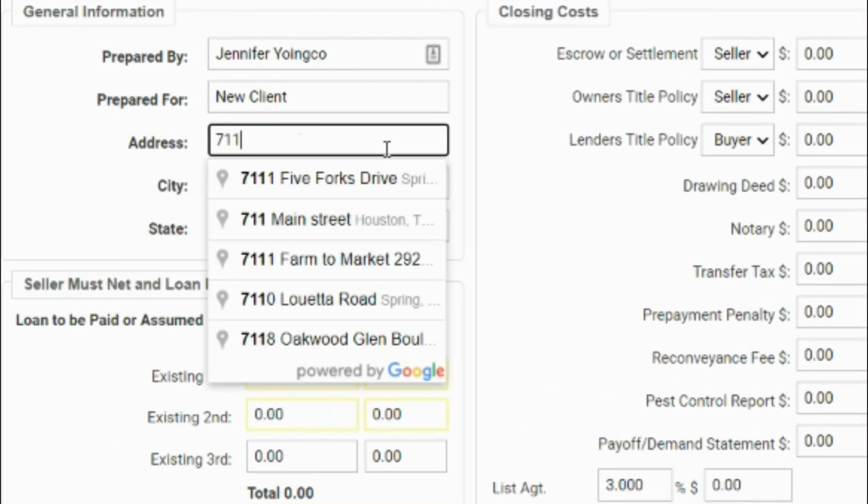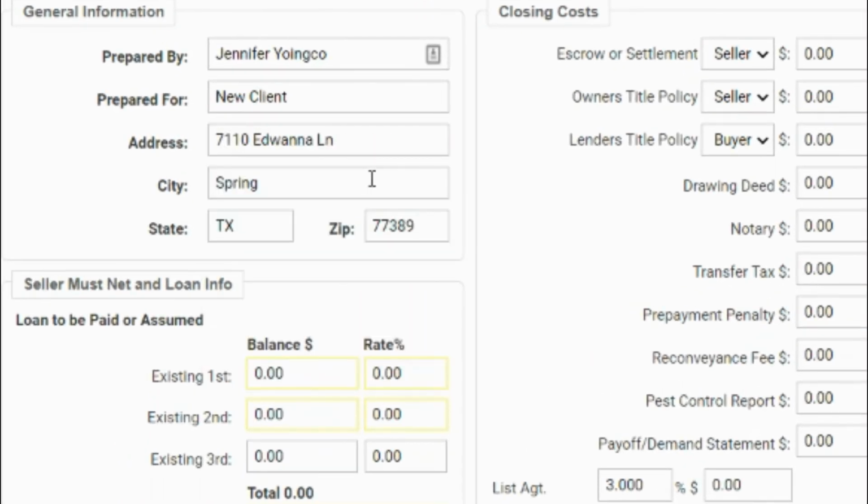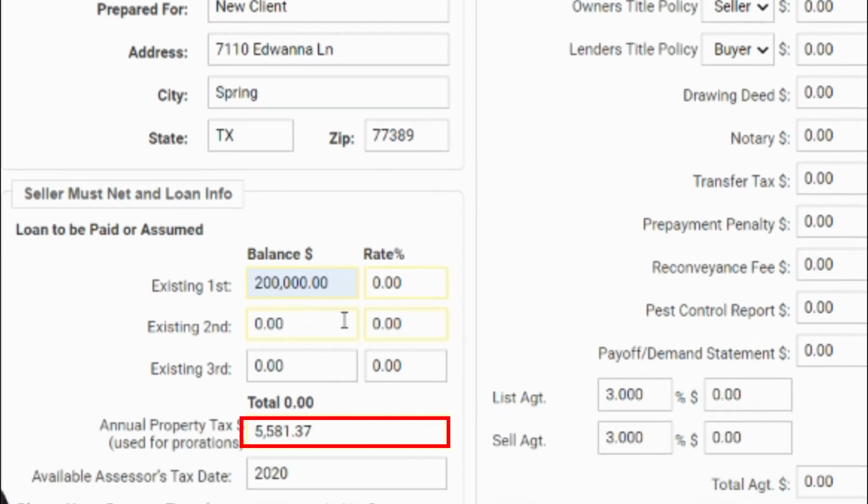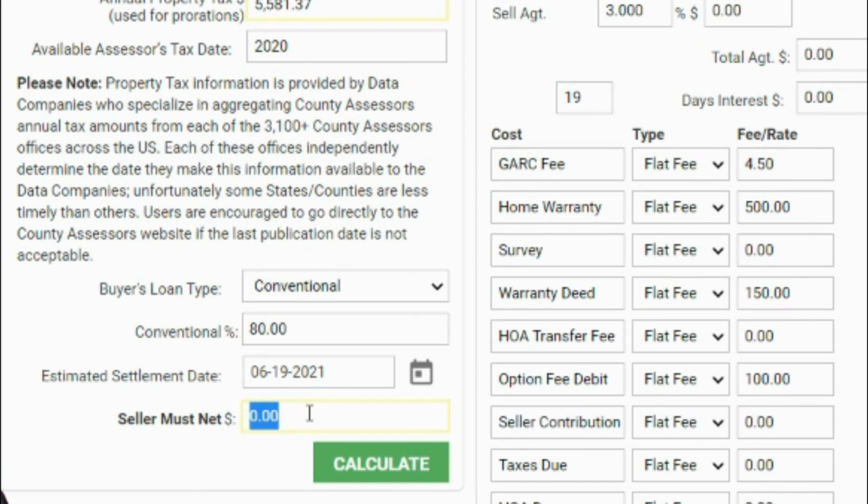For example, for this particular property again, if for instance, the seller has a balance of 200,000 for the sake of this example. And that's the proration of taxes. That's the balance, loan to be paid, and these are the information. I would like to net 80,000.